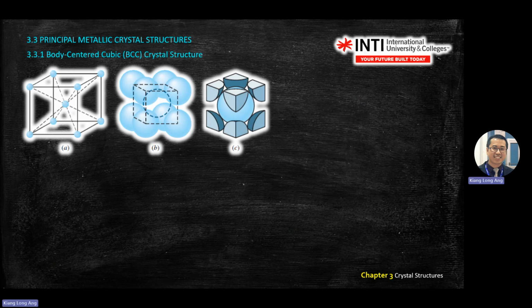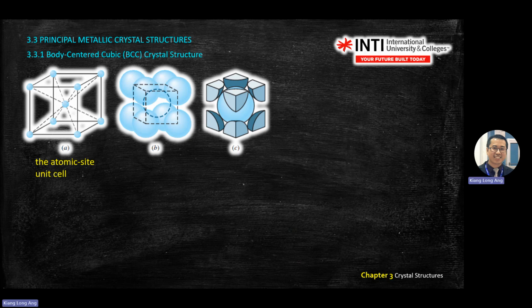There are three presentations of crystal structure. The first one is atomic site unit cell. So if the question asks you to represent your answer in atomic site unit cell, we expect you to draw the cube with a small sphere, small dot at each corner, like this.